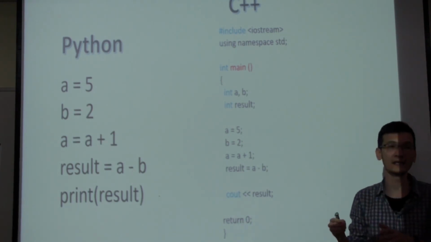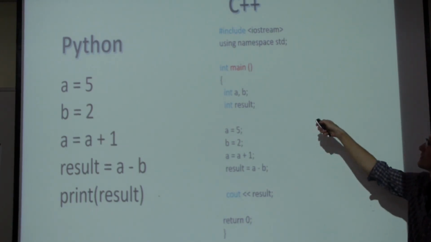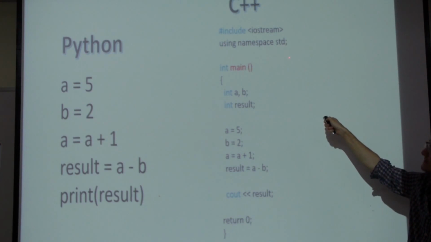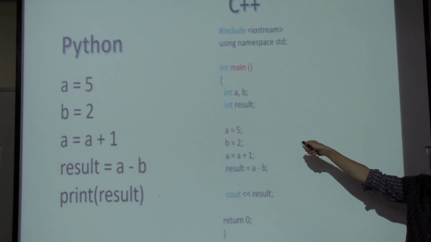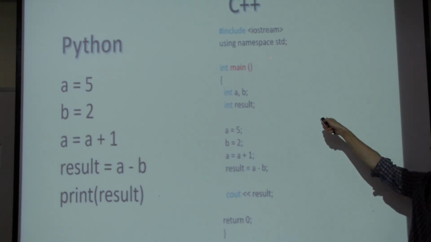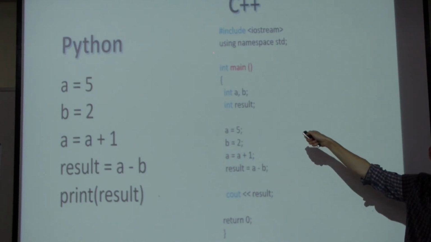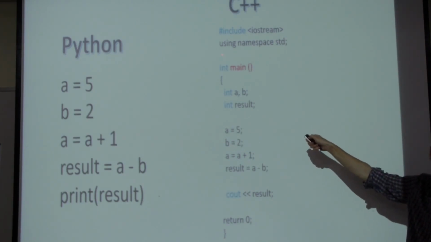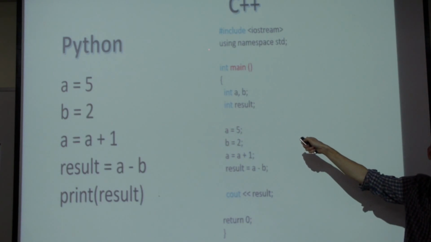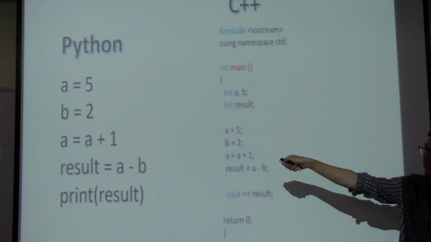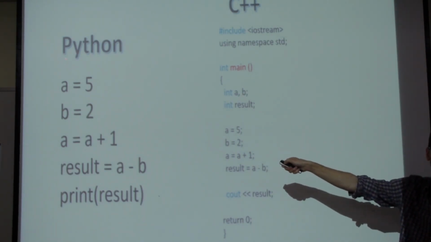Before you write any code, you should put this command. And using namespace std is also standard. These are all standard codes for C++. You have to add them before writing code. But here we wrote nothing. Int means integer here, right?